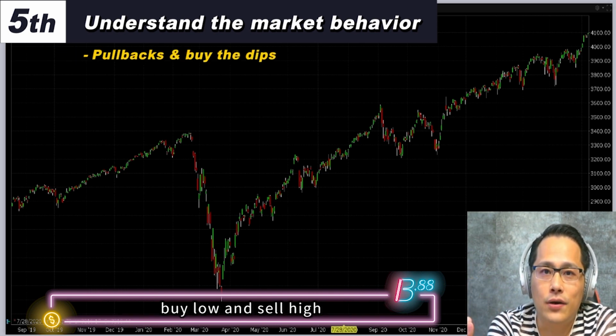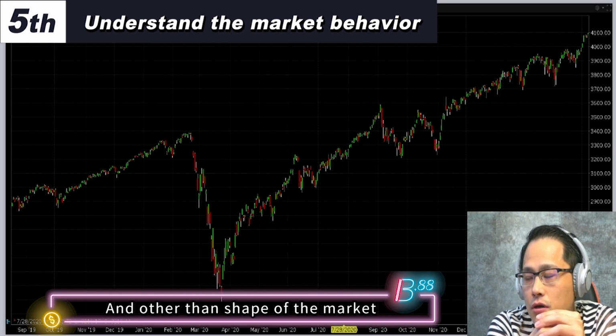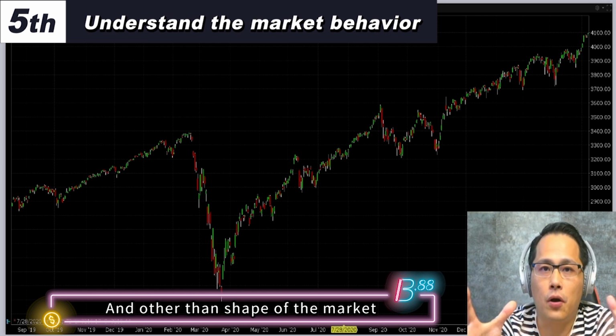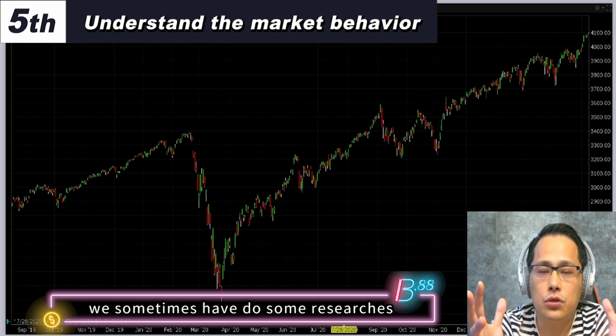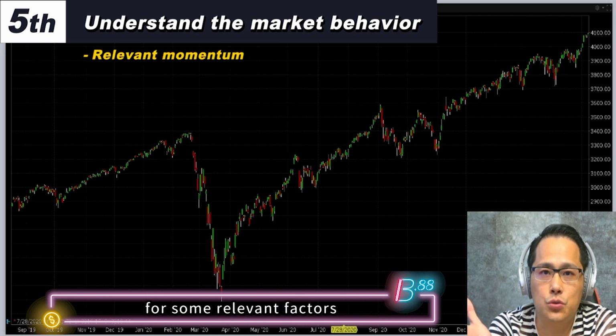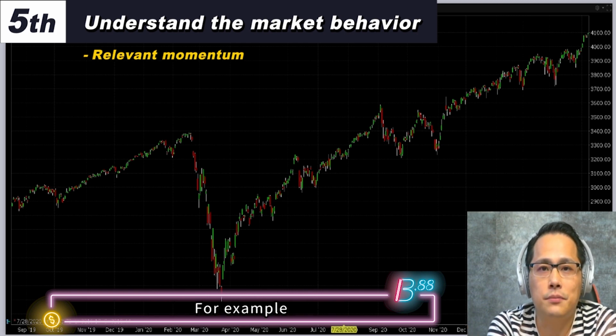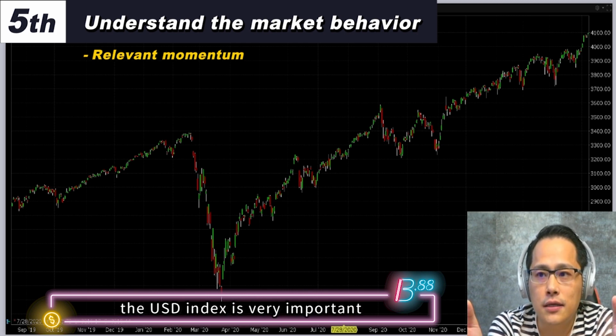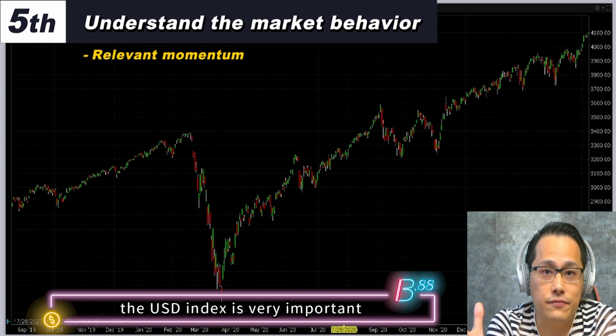That helps us decide the better point to trade. Everyone wants to buy low and sell high. Other than the shape of the market, we also sometimes have to research relevant factors and momentum. For example, for the US stock market, the US dollar index is very important.